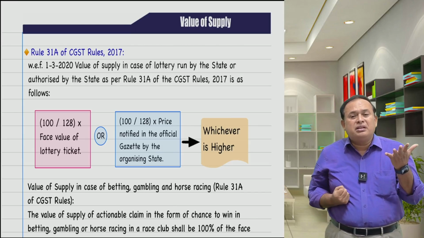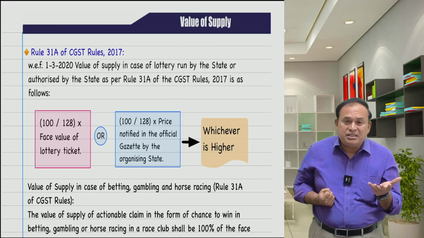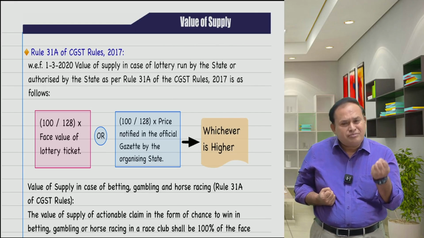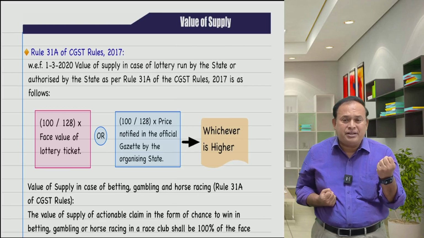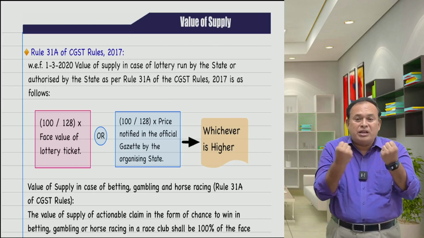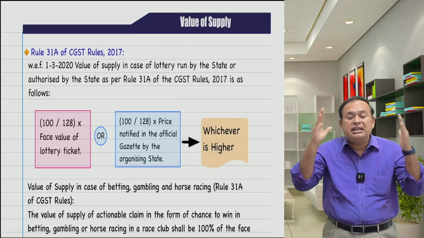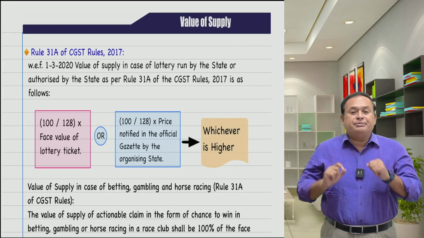That you compare with the price notified by the state government in the official gazette for the given lottery, inclusive of GST. So that price multiplied by 100 by 128, you will get the notified price exclusive of GST. Among the two values, whichever is higher is the valuation in the hands of the commission agent, who is the recipient, to pay the GST.